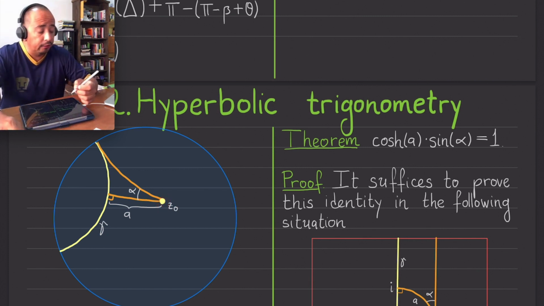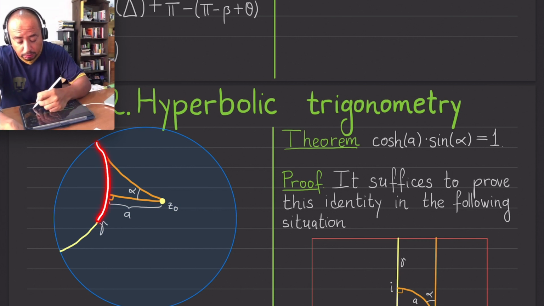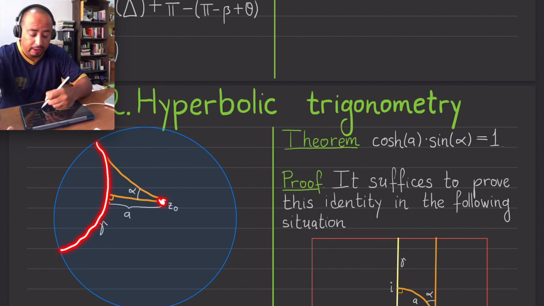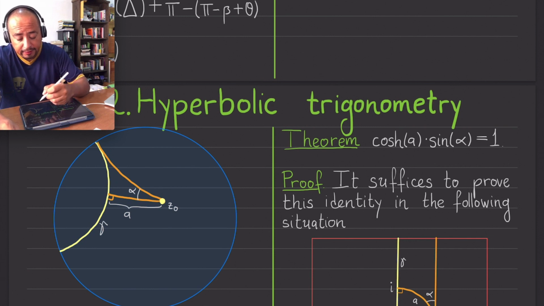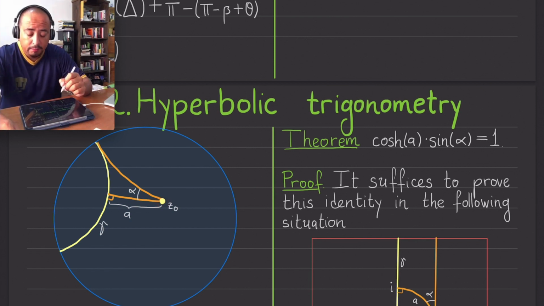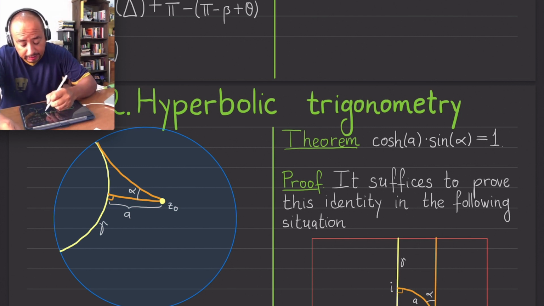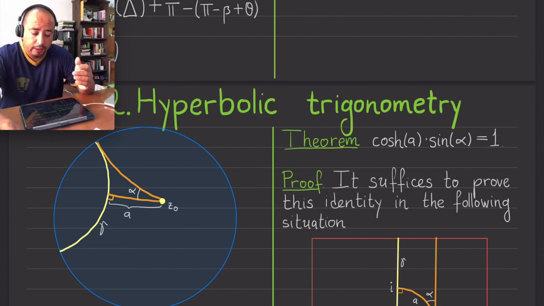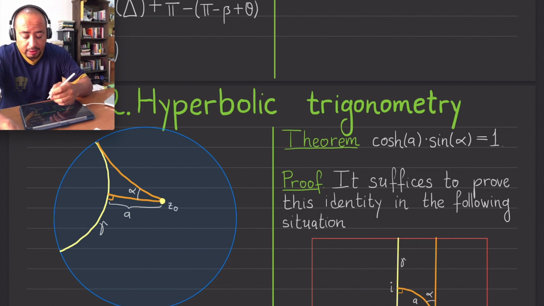So the initial information here is the yellow information you are seeing here. Well, now red is the input information, let's say. And so once we have this shortest curve, the yellow shortest curve, and this yellow point outside that shortest curve, we notice that the fifth postulate of Euclid is violated because there are many shortest curves passing through this point that are parallel to the given shortest curve.